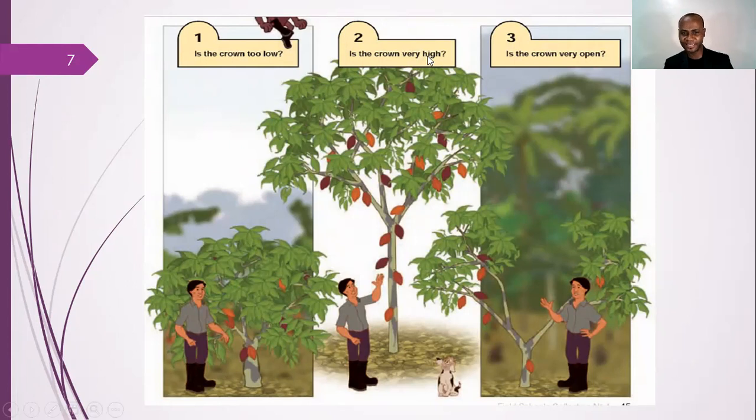The answer is yes. So it means that this tree was also not properly trained. How about this one? Is the crown too open? The answer is yes. So this tree was also not properly trained.